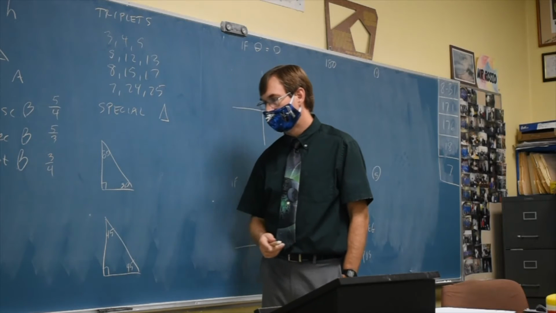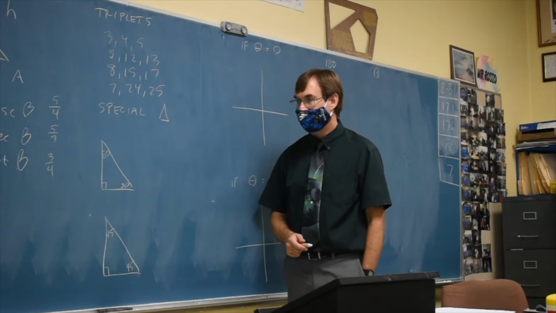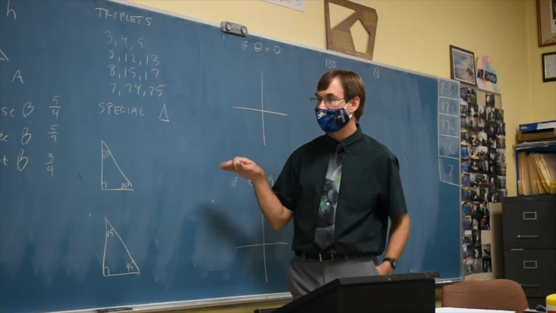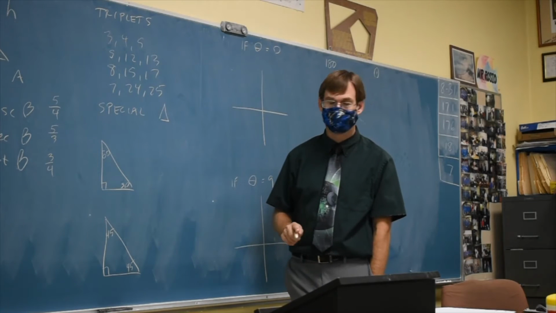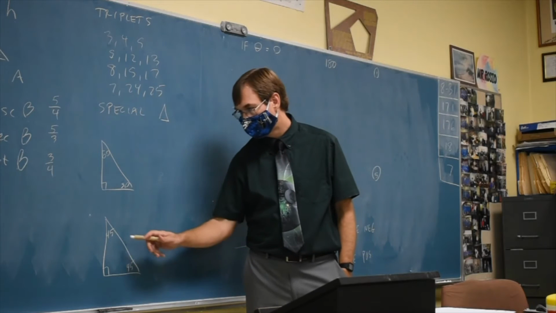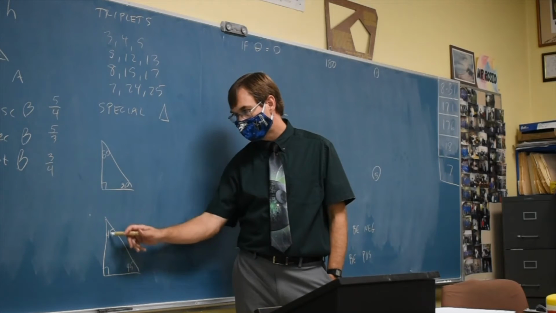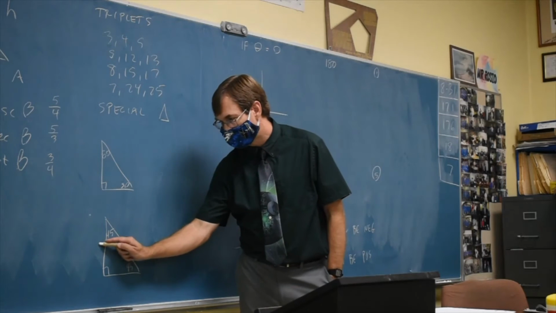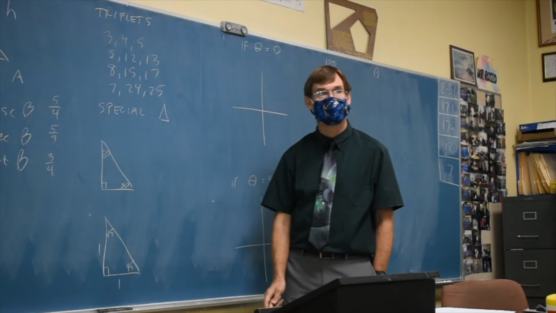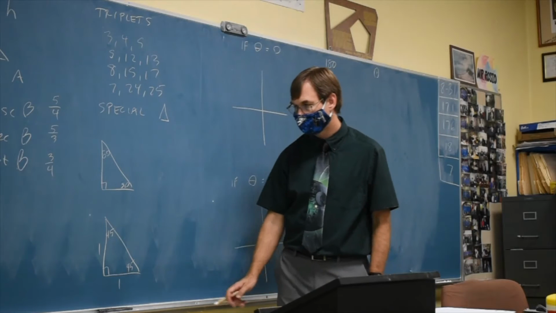True, true. Does anybody remember what happened with the sides at all in either of those triangle options? Since the 45s are the same, the sides are the same. Which sides? The legs. So let me call those 1s just to have a simple number to deal with.